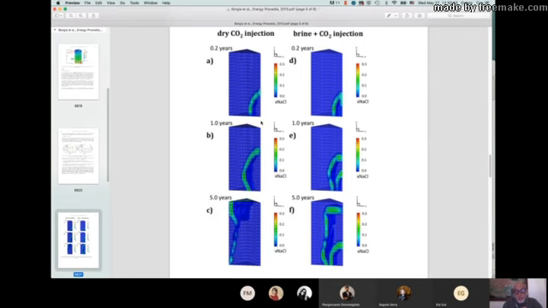This is what is happening in the fractures. So you inject on the lower right corner and you produce on the upper left corner. The colors within the model are the concentration, the volume concentration of salt into the fracture.